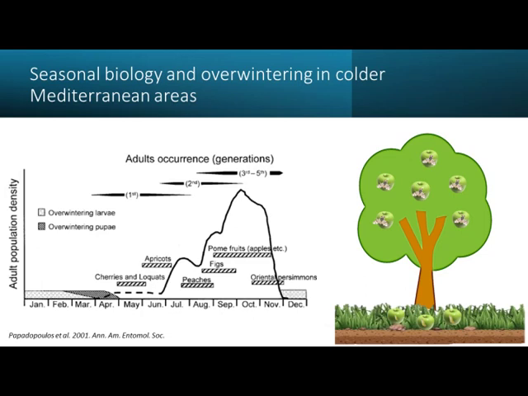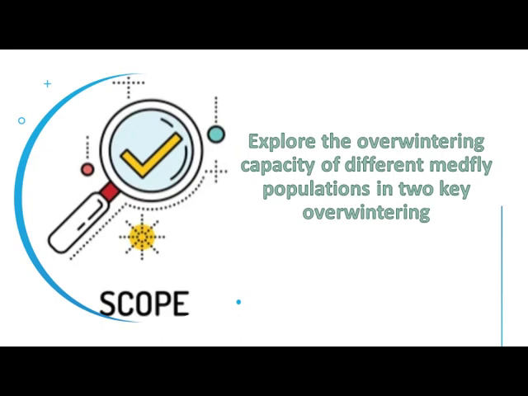In this area it's apples, and the larvae can continue developing in apples from October and November all the way to April. That is the overwintering stage in this study. In other studies in southern parts of Europe, it's larvae within bitter oranges, and apparently as you go further south, you have all the stages that can survive during the winter.